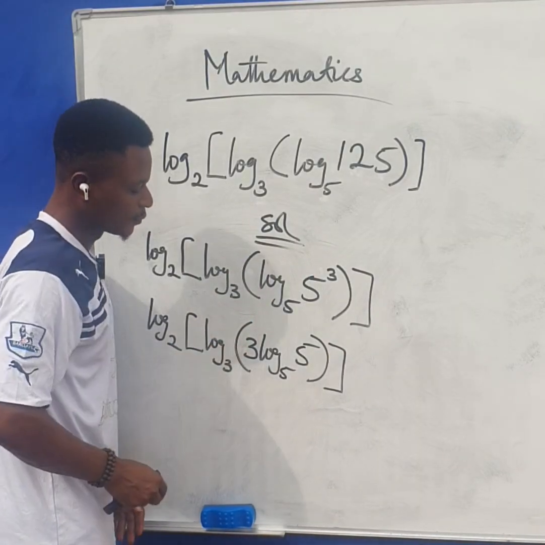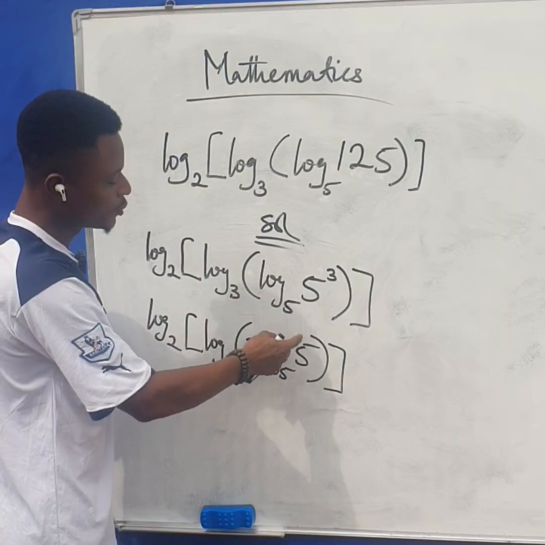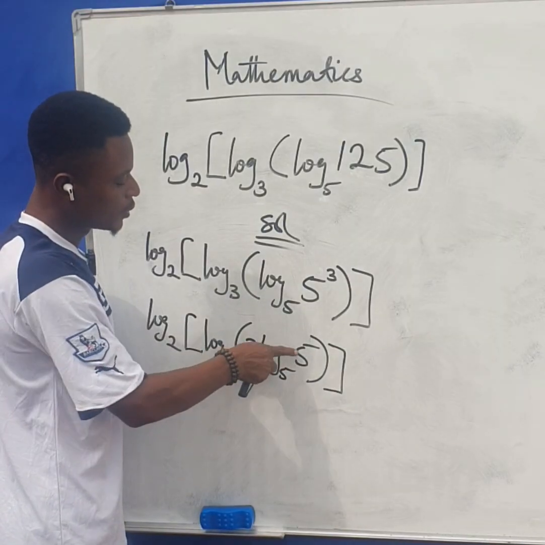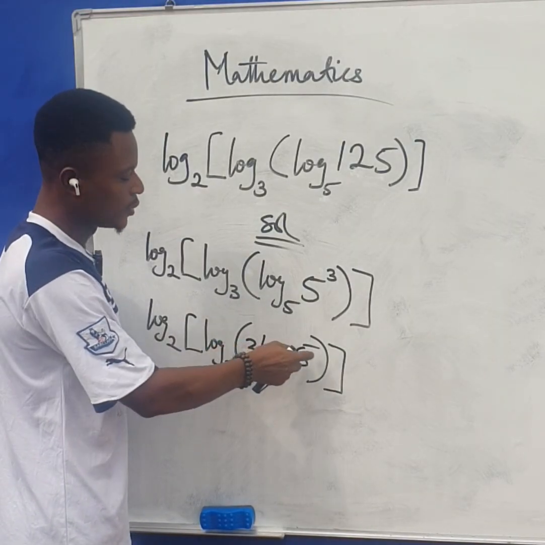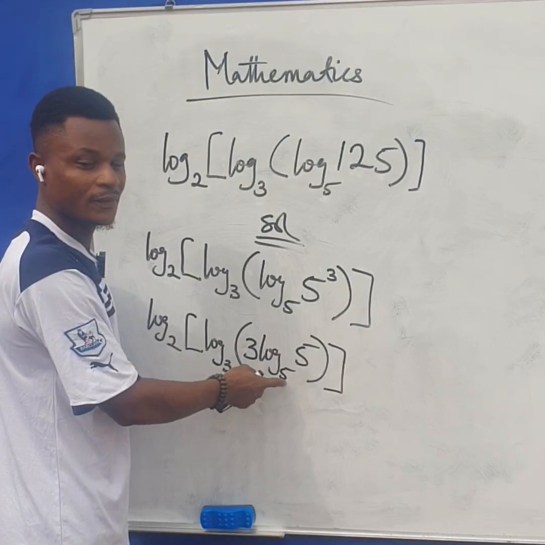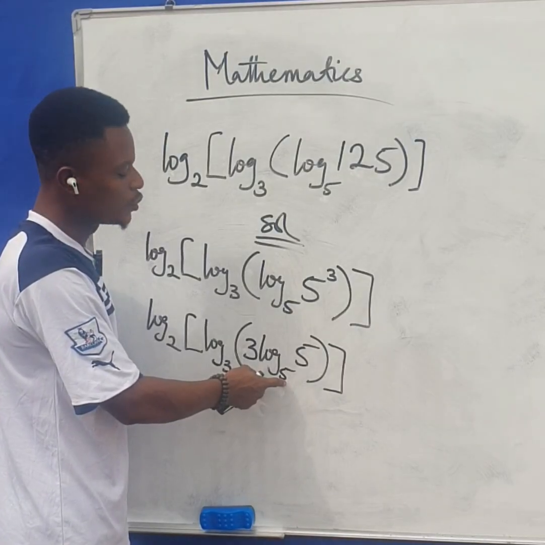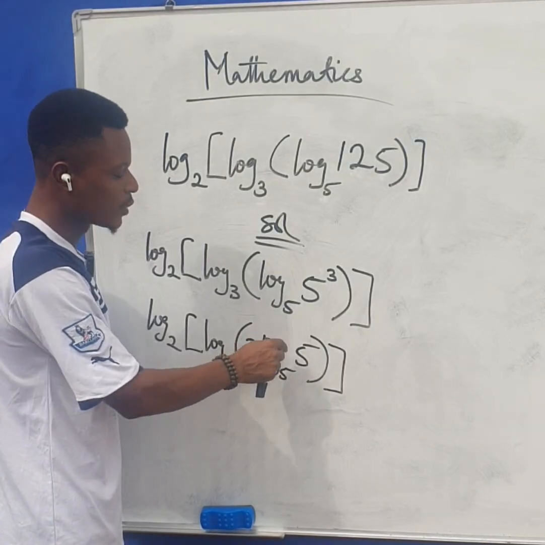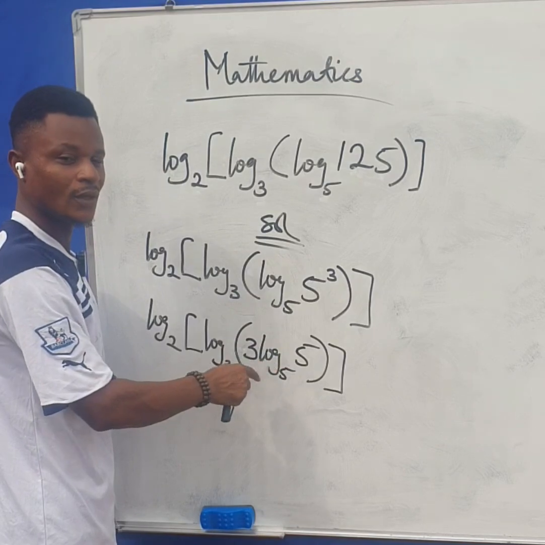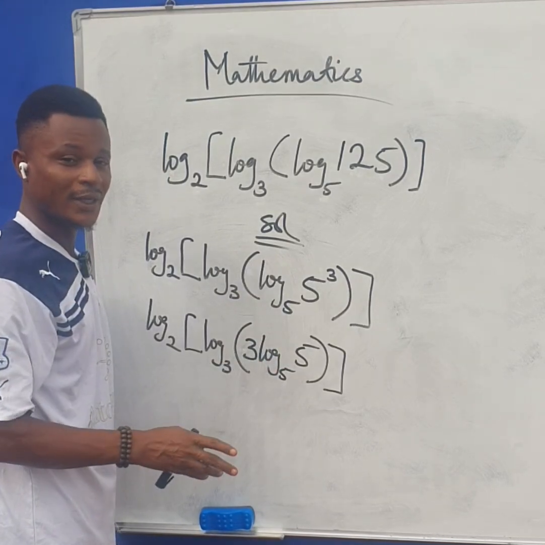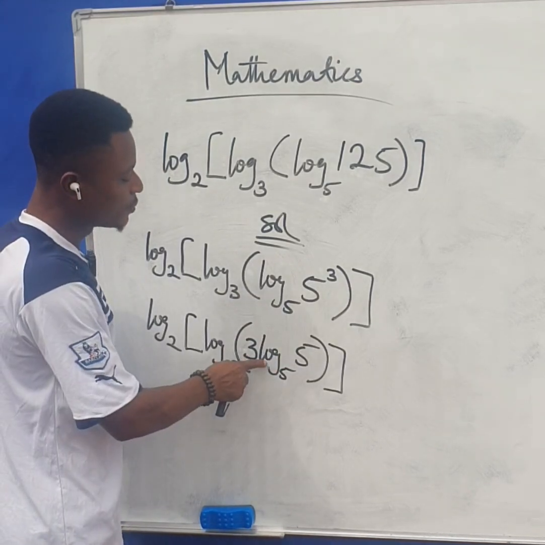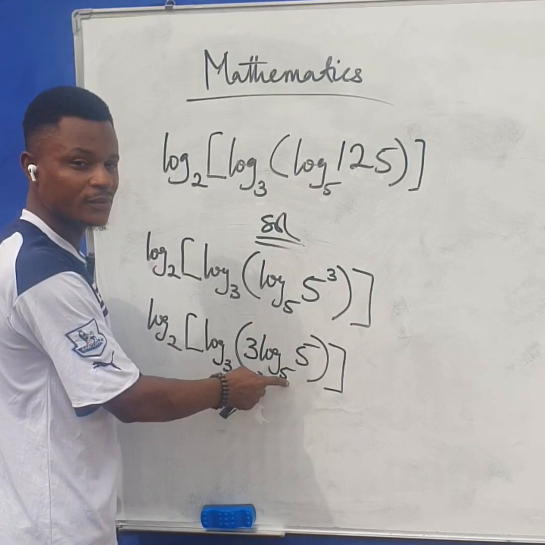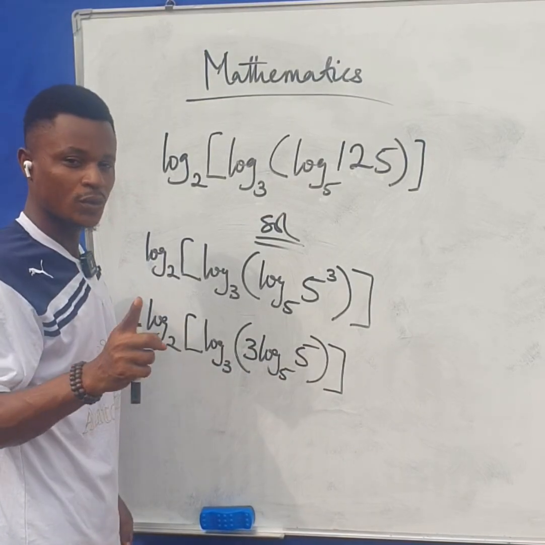You understand? Now, we have another interesting part of it. If you look at this, you can see that in this logarithm, the number and the base are the same. So we are going to apply another law of logarithm. According to that law, anytime in a logarithm the number and the base are the same, it is equal to 1.